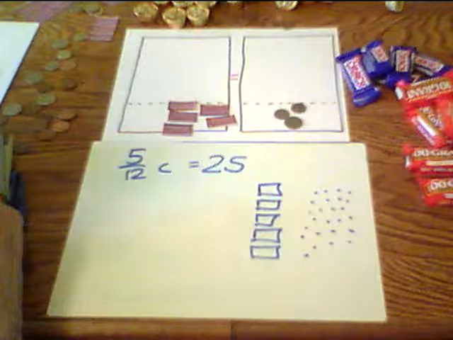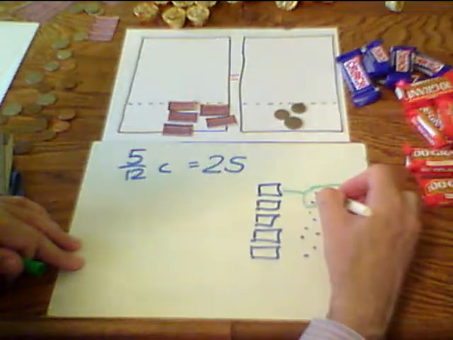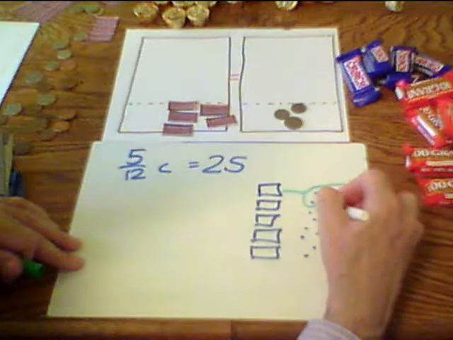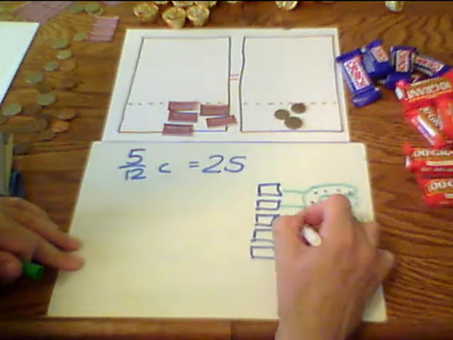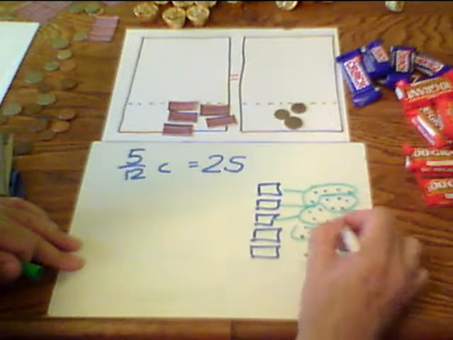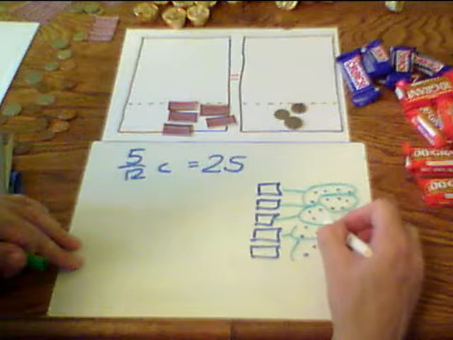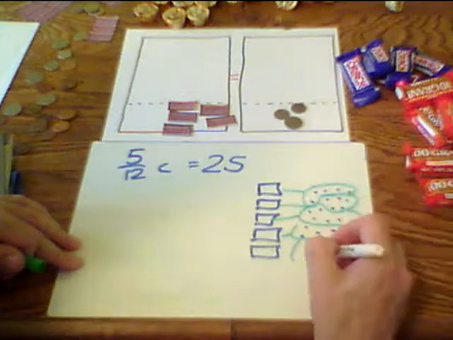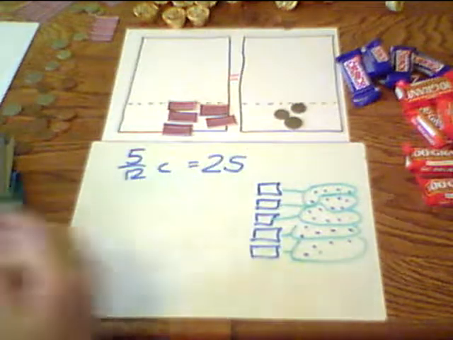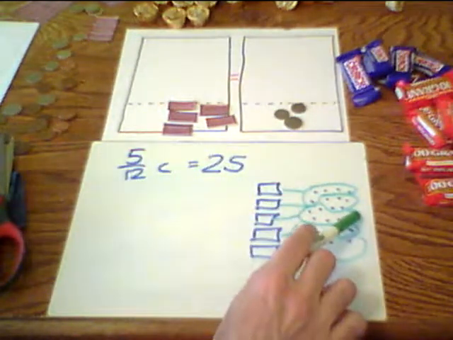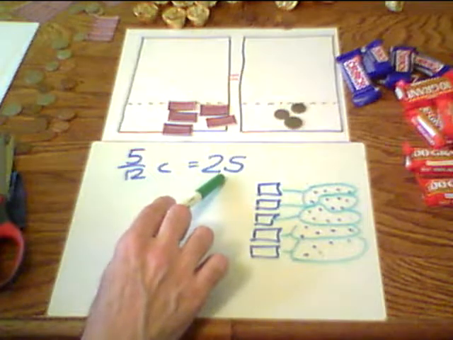The idea is that if you match up 5 pennies with each one of these, 1, 2, 3, 4, 5, 1, 2, 3, 4, oh, we got too many in there. All right, so what I do with the 25, in step 1, I'm dividing that by 5.